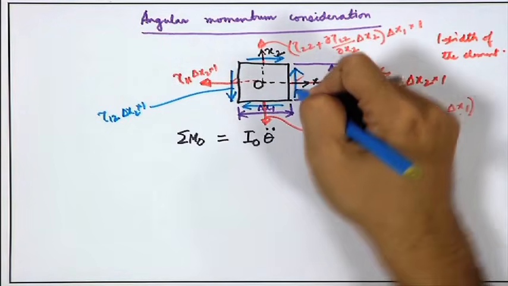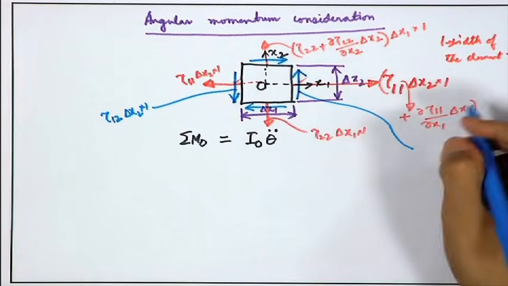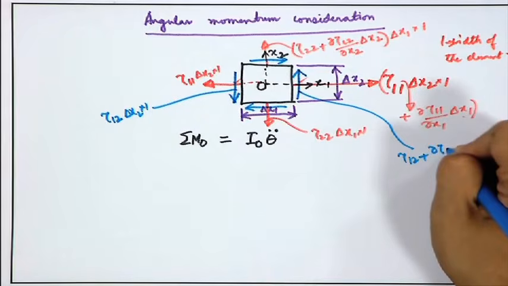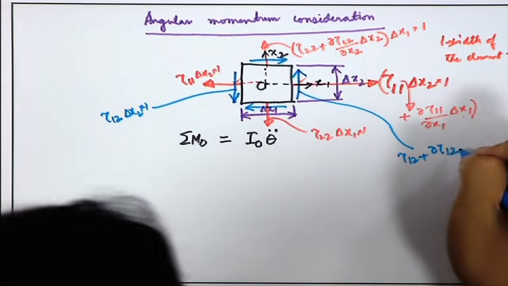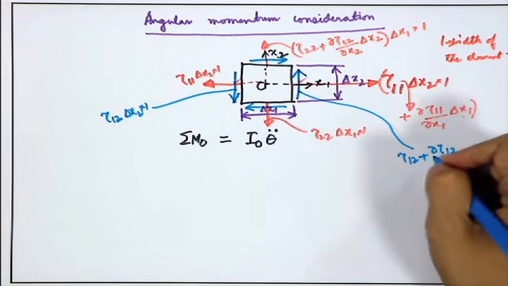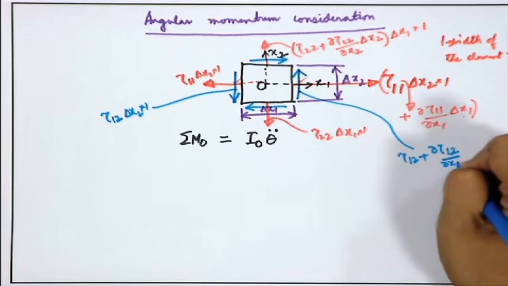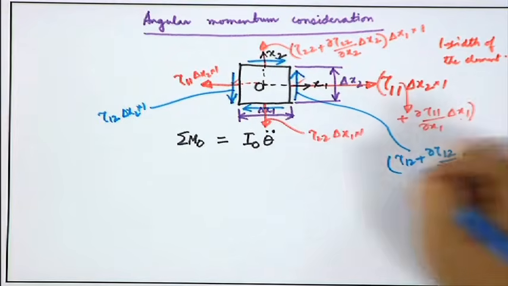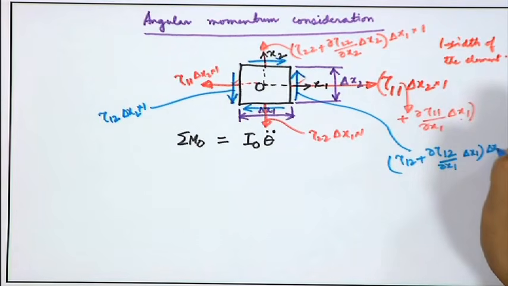What is this? This is tau 12 plus del tau 12 del x1 into delta x1 into delta x2 into 1.